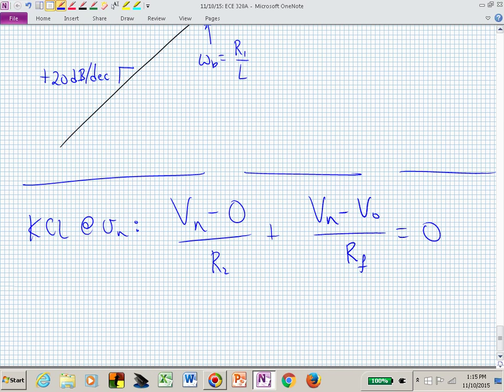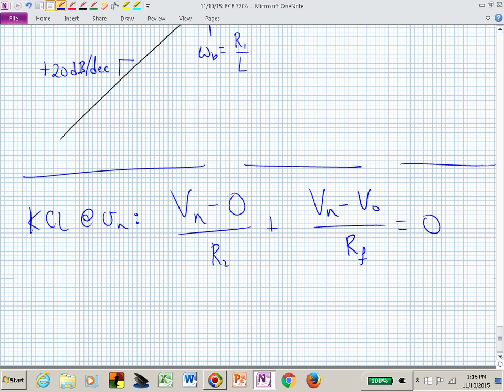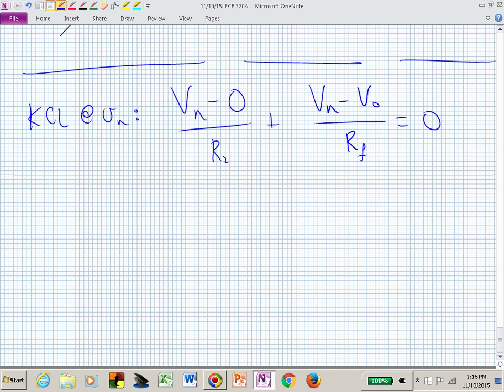Is it clear where those expressions are coming from? That's just KCL at that inverting node. If I now combine my terms that are associated with V sub n and V sub o, I now have 1 over R sub 2 plus 1 over R sub f times V sub n, and that's equal to V sub o over R sub f.